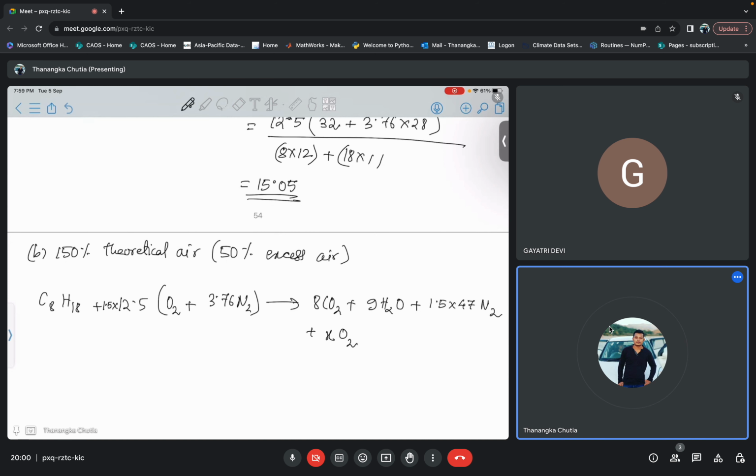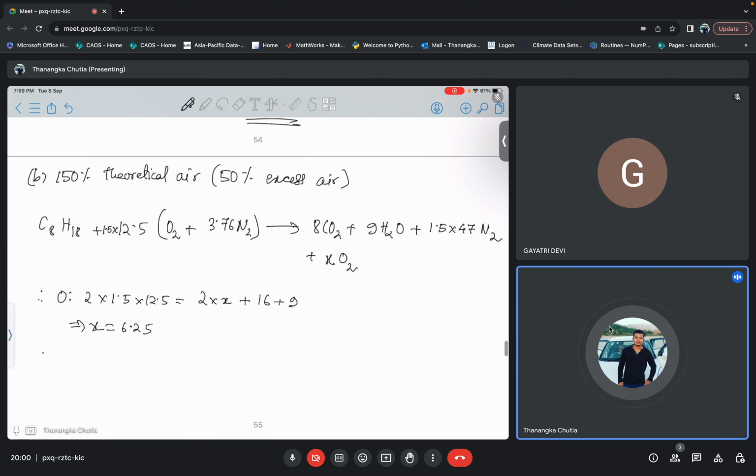Clear? So therefore balancing for oxygen we get 2 into 1.5 into 12.5 is equal to 2 into x plus 16 plus 9. Okay, so from here x you will get as 6.25.